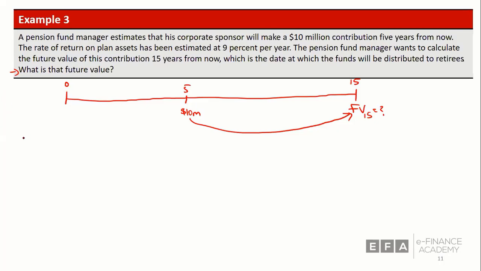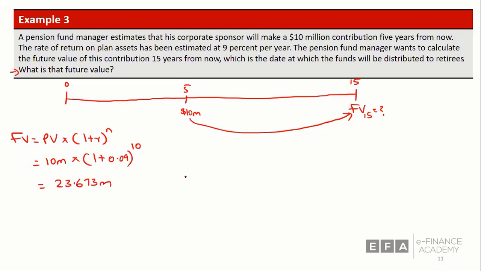So future value would just simply be, if we're doing it using the formula, present value is 10 million. This is what we are investing here, times 1 plus 0.09 to the power of n, which will be 10, because you're investing for 10 periods. And the answer is 23.673 million.